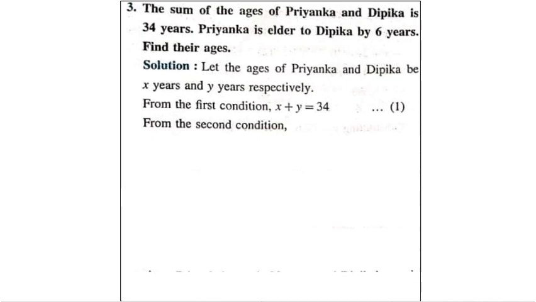So let's go with the statement mentioned above. Priyanka's age is x, so x is y plus 6. Here "is" stands for the equal to sign, and Priyanka's present age, we have presumed to be x.